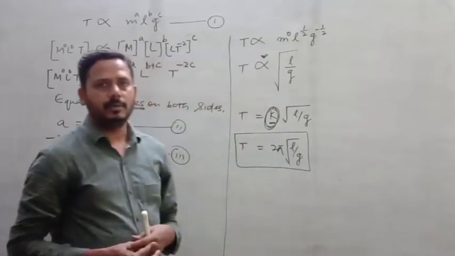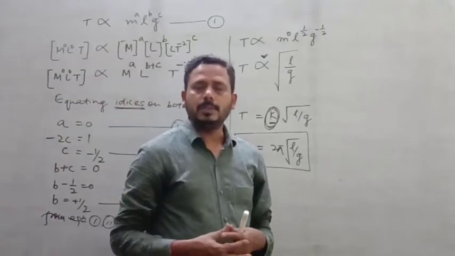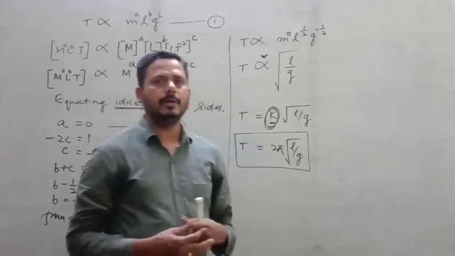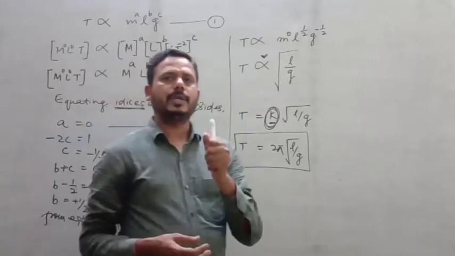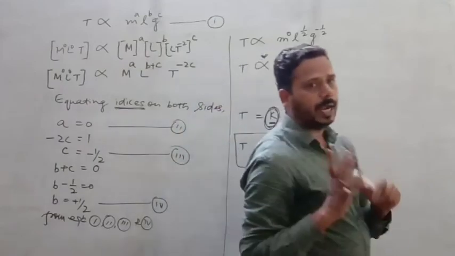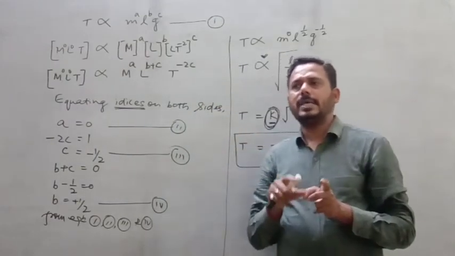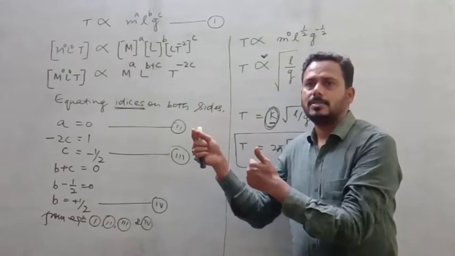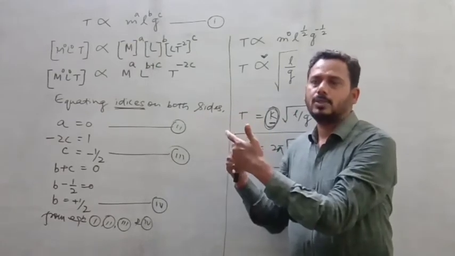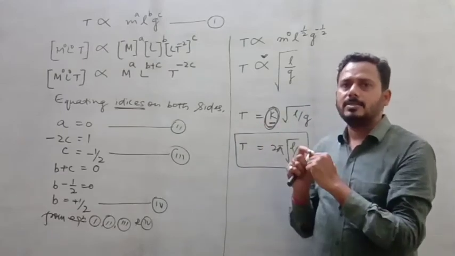Suppose I want to find the frequency. To find that frequency, first of all you should know which other factors the frequency depends on, so you have to grasp those factors first.